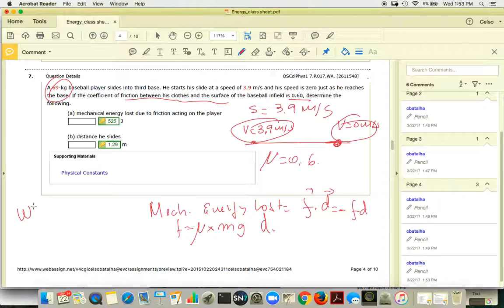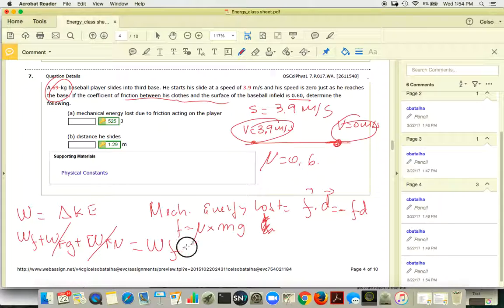The net work of all forces is equal to the change in kinetic energy. That is the work of friction plus the work of gravity plus the work of normal, and normal and gravity do no work because they are perpendicular to the displacement.